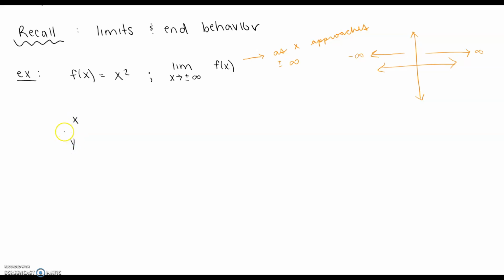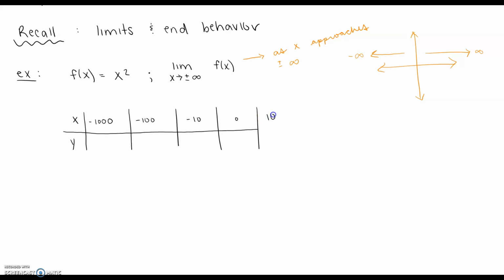And in our table, we know the x values because we are choosing them. Because it's going to negative infinity, we're going to choose smaller and smaller numbers. So we do negative 1,000, negative 100, negative 10, and then we have 0, and then we get bigger, so 10, 100, 1,000.